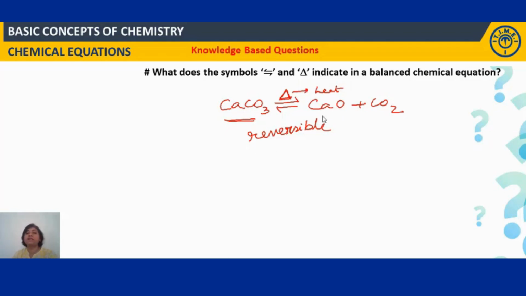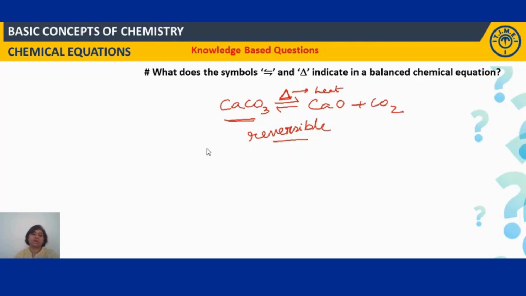After some time calcium oxide and carbon dioxide will combine to form calcium carbonate. Then the reaction will be stagnant, meaning it will move neither in the forward direction nor in the backward direction. The rate at which calcium carbonate decomposes, at the same rate calcium oxide and carbon dioxide will combine to form calcium carbonate again. This kind of reaction is called a reversible reaction.